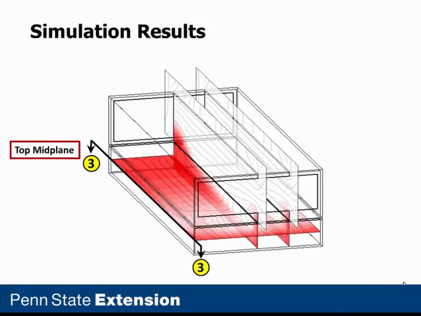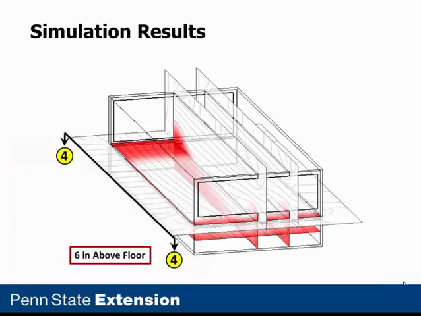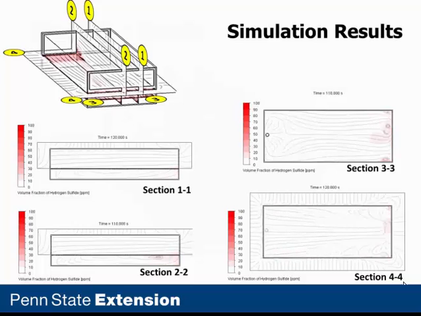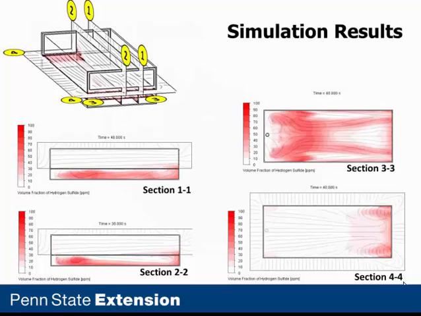Simulation results for section 3.3 would be at the mid-plane or the mid-height of the manure pit, a horizontal section. And section 4.4 would be a horizontal cross-section 6 inches above the floor. And for those 4, this gives you just a taste of what the simulation results look like.